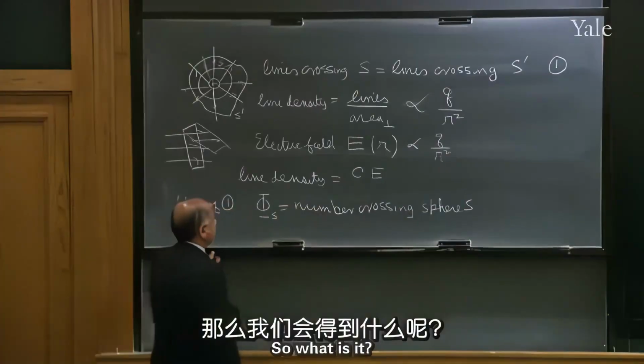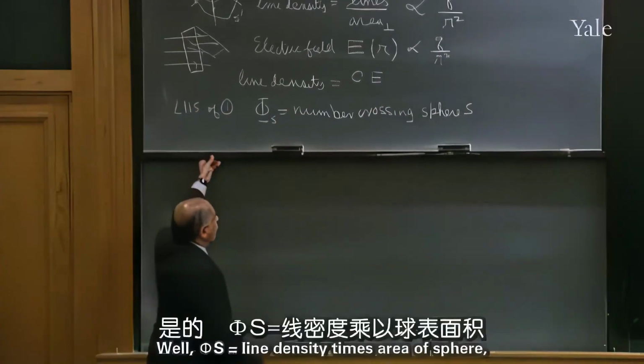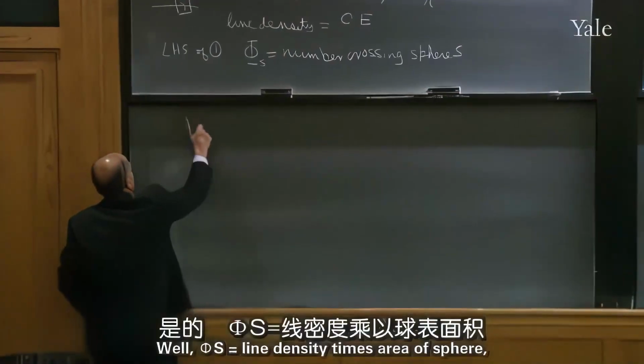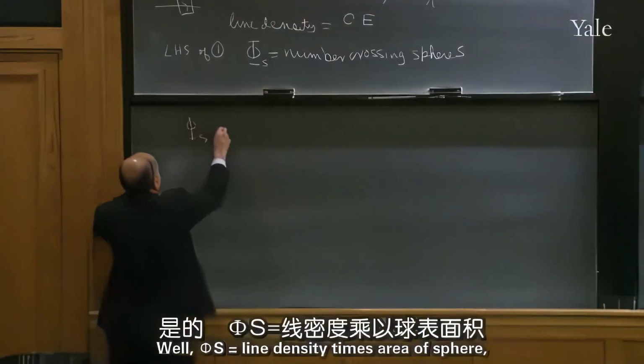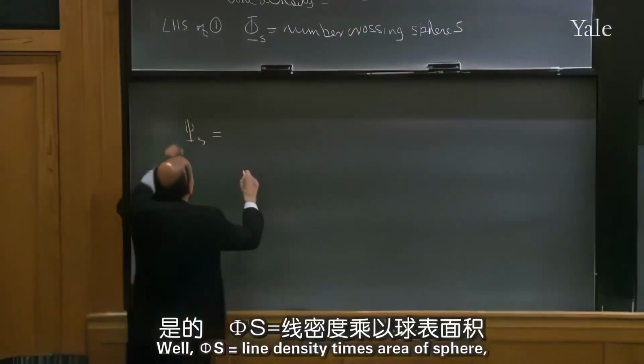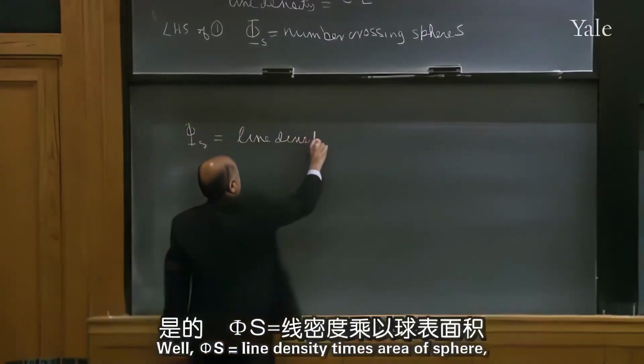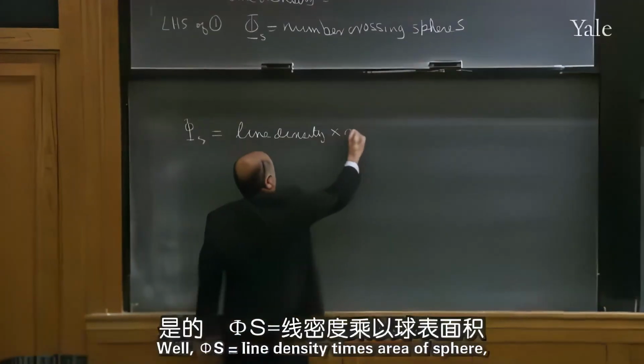So what is it? Well, phi sub S equals line density times area of sphere.